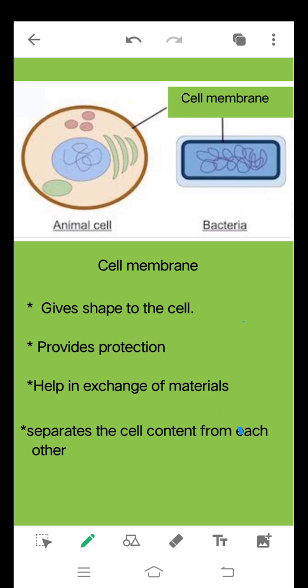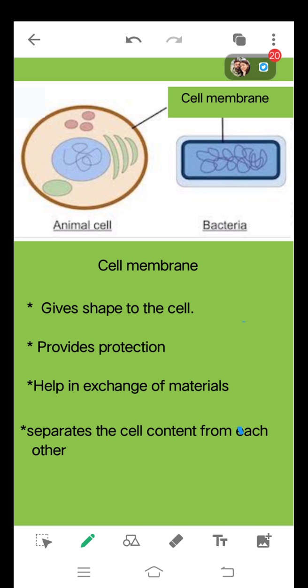As you all know, children, the cell membrane is the outermost boundary of any cell. This cell membrane is present in all the cells. It gives shape to the cell. Being the outermost covering, it provides protection to all the internal parts of the cell.